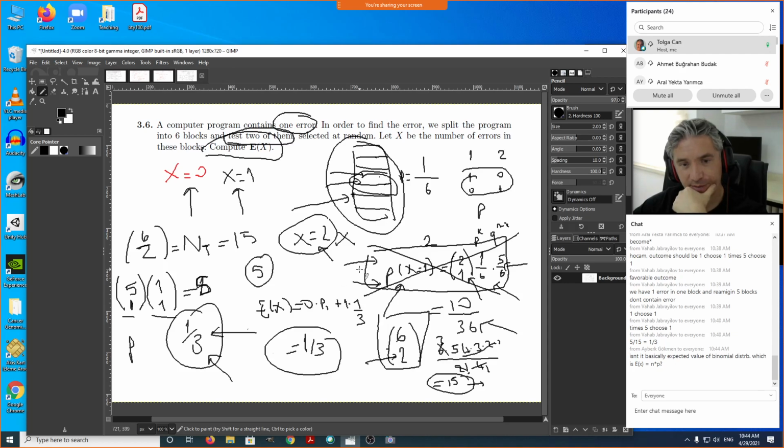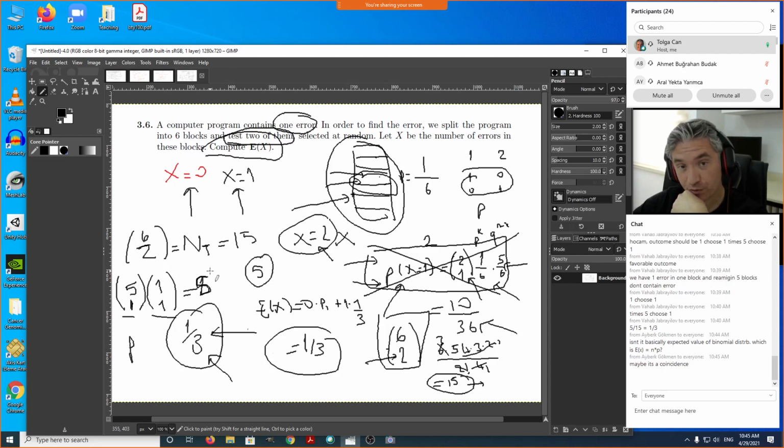But thinking about this as binomial, it seems like we get the same thing as the expected value of the binomial, which is n times p. N is 2 and p was 1 over 6. It may be coincidence, you're right, because as I said, this question shouldn't be solved with binomial because of these 6 different parts of this computer program.